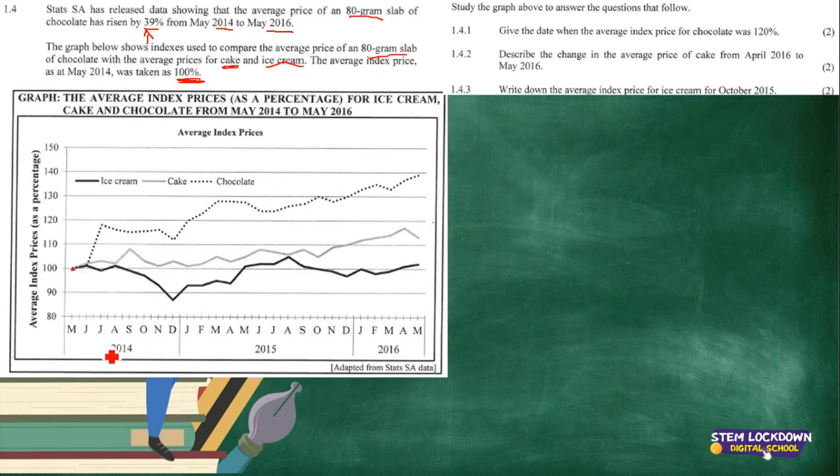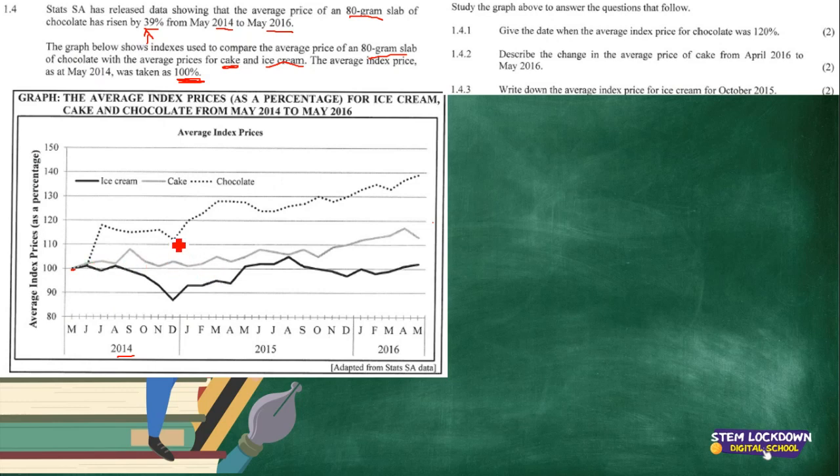Obviously this stands for your months: May, June, July, August, September, October, November, December for 2014. The same applies for 2015 and 2016. Now on this side is the average index price as a percentage. So that is 100%. You see some items go up, some go down, some increase steadily.